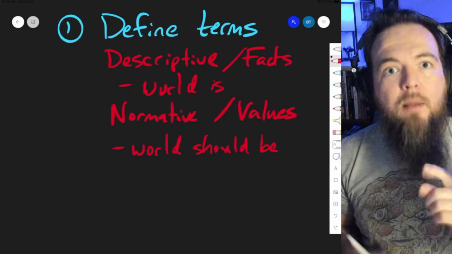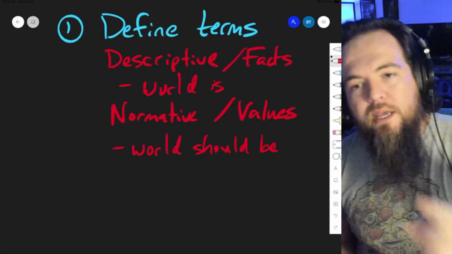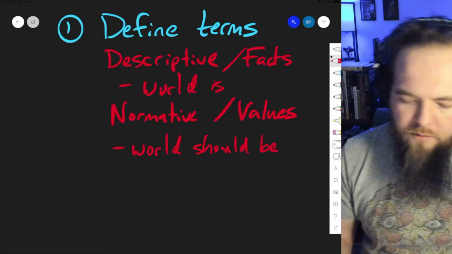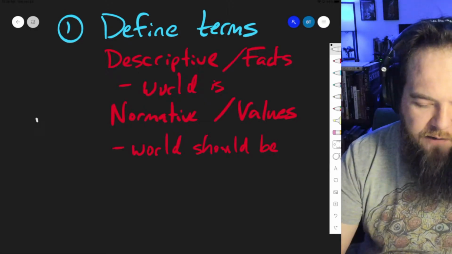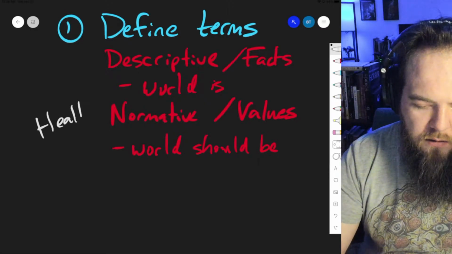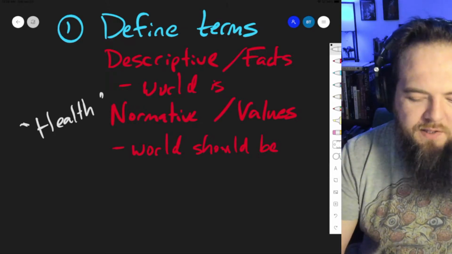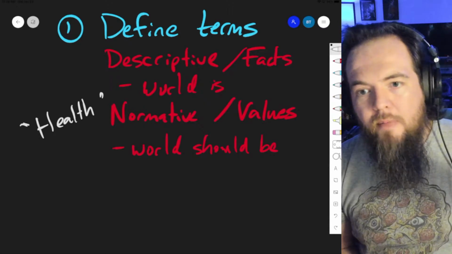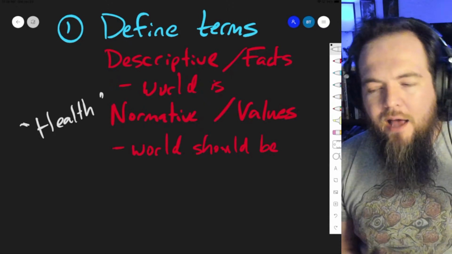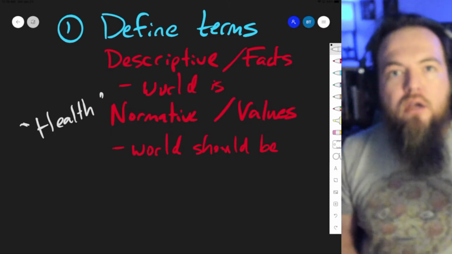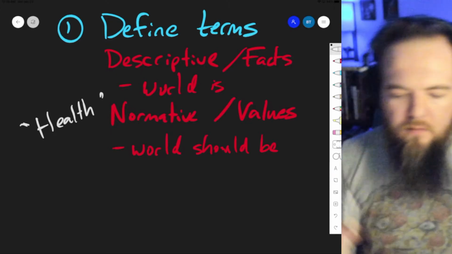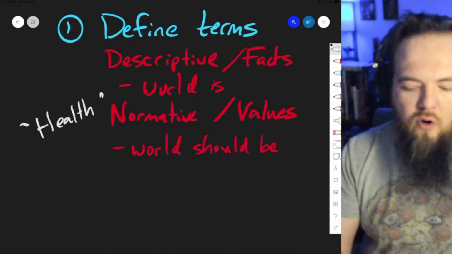But sometimes we get into more slippery conversations, and I want to target a word that is kind of gray, and that is health. Or what does it mean to be healthy? Okay? Now, if the patient asks, what is a healthy blood pressure? You've sort of shifted from the descriptive to the normative.